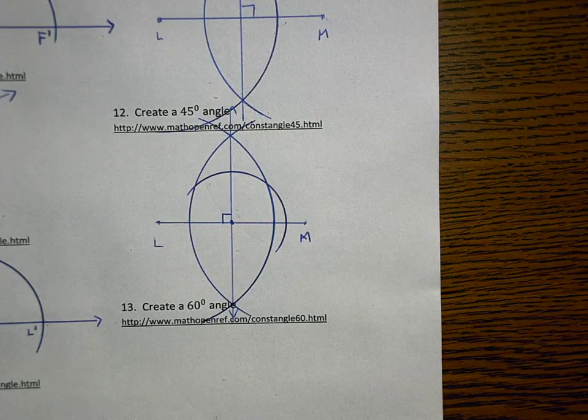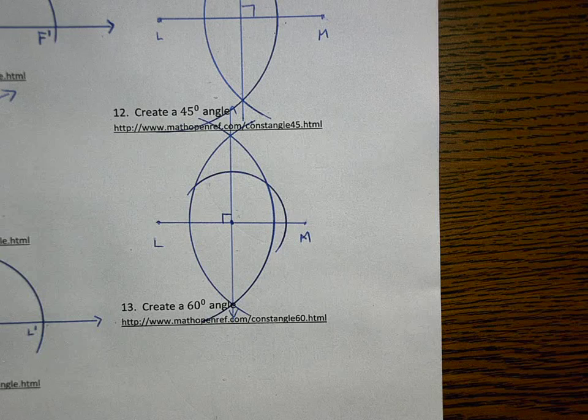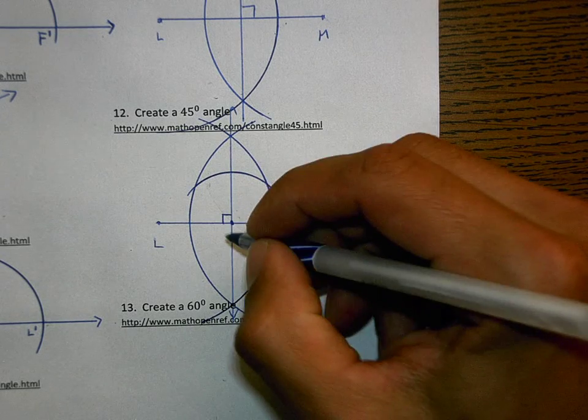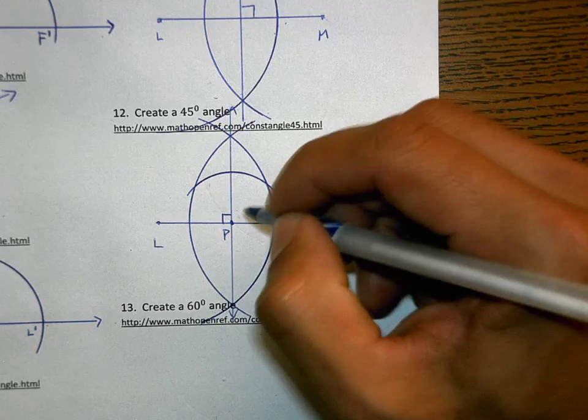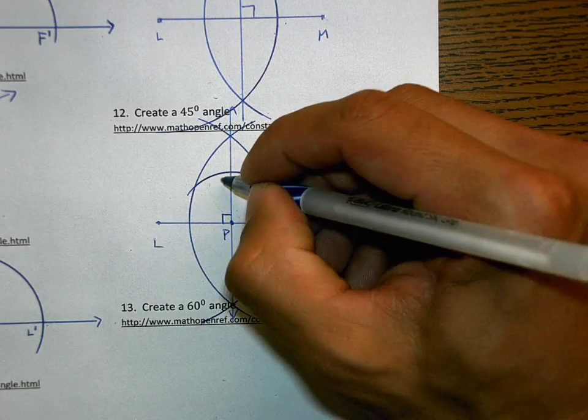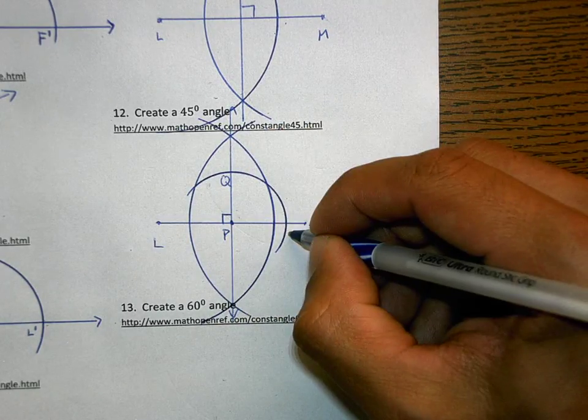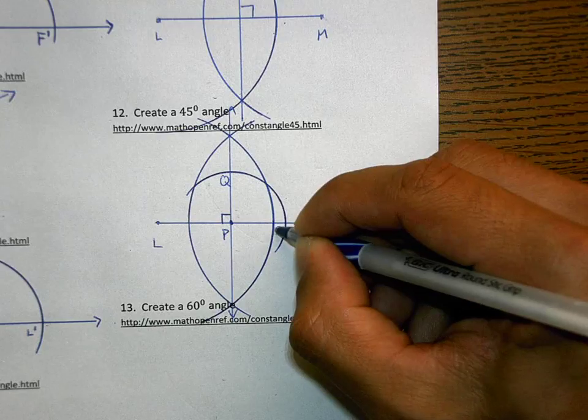Let's call these 2 intersections some letters. Let's label these things. I have P is here, Q will be right there, and R will be right there.